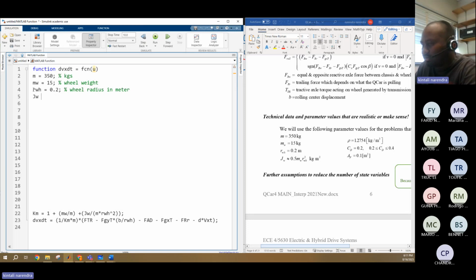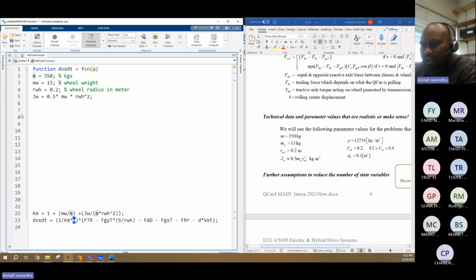So J capital W is equal to 0.5 into MW into RWH to the power 2. I have every term here. So I'm done with Km and M. I defined what the values are. You can't leave any values undefined, otherwise MATLAB will throw you an error.